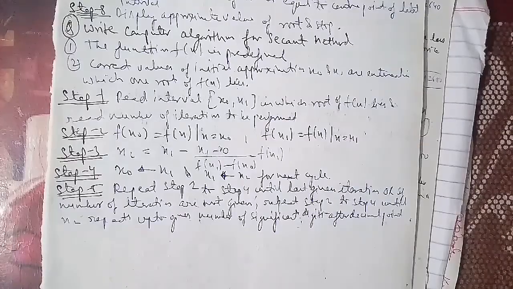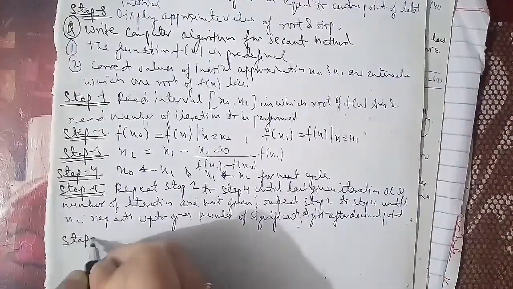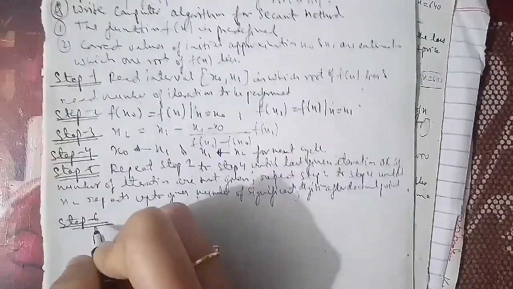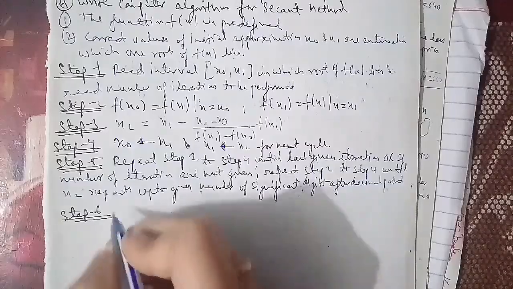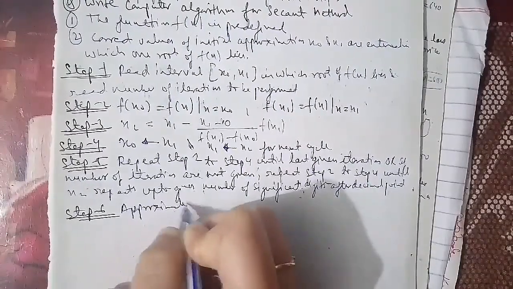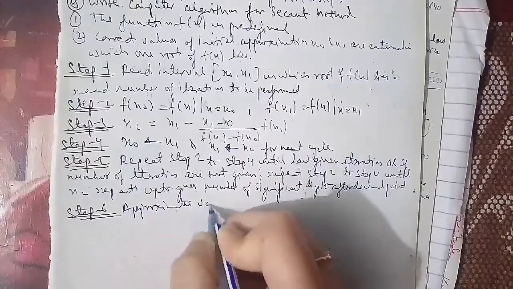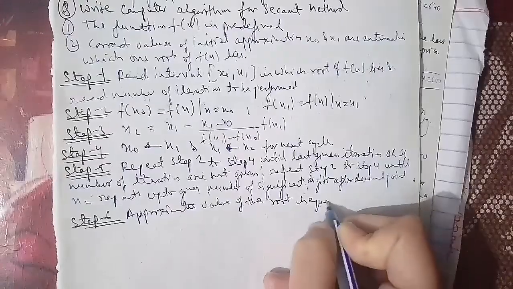And now we'll go ahead for step 7, that is to display the approximate value of the root and stop. That is what we have.